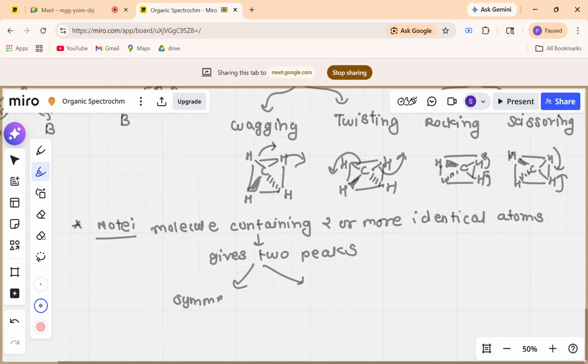Basically, one will be symmetric and the other will be asymmetric.